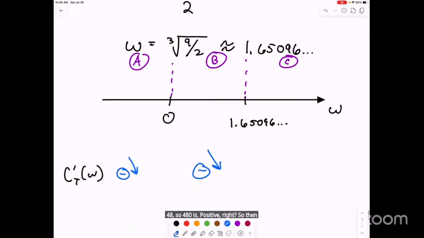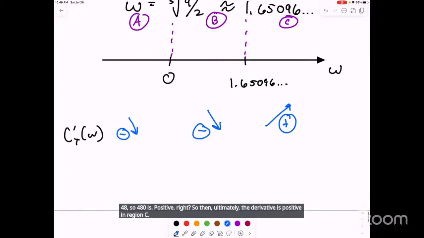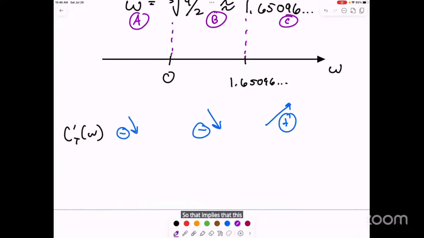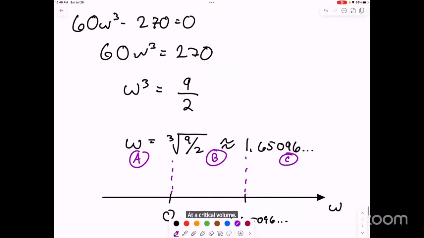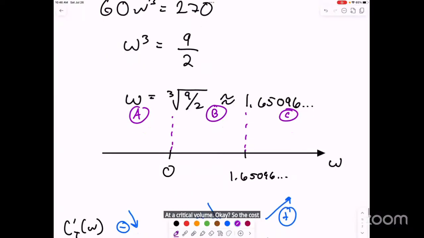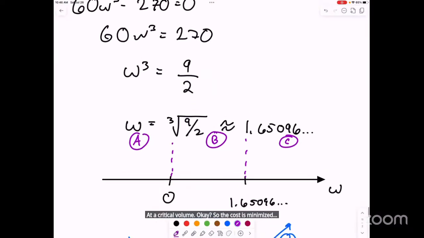So then ultimately the derivative is positive in region C, okay? So that implies that this is a local min at this value, so at a critical value, okay? So the cost is minimized for W equals, okay?